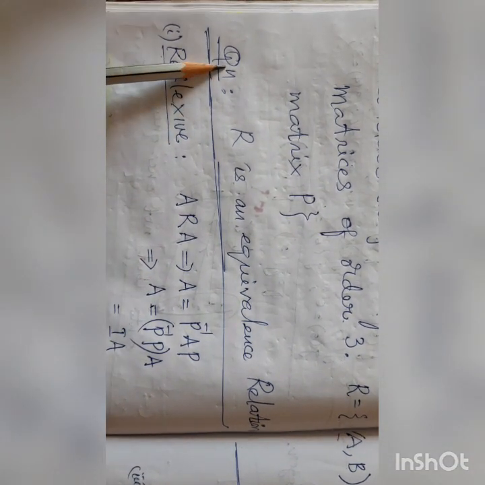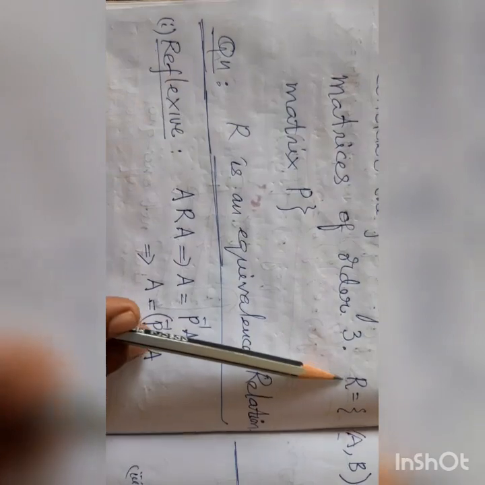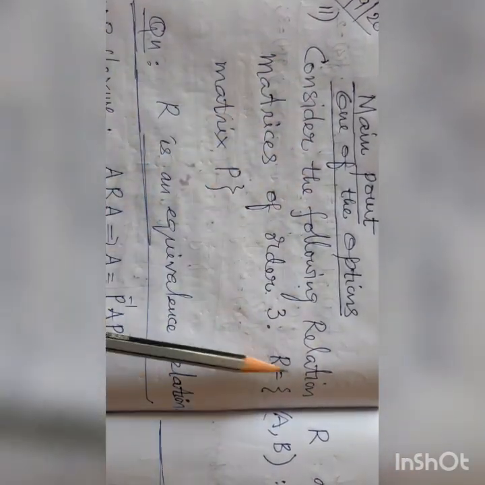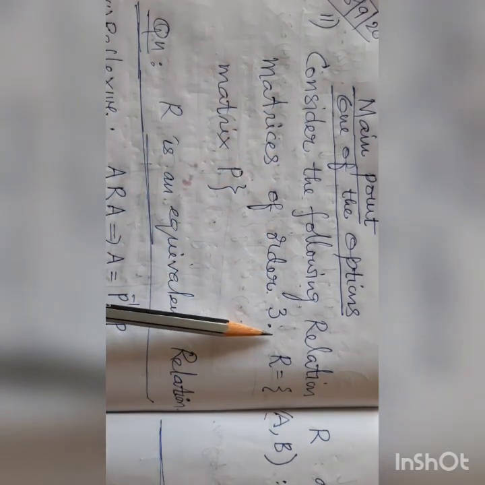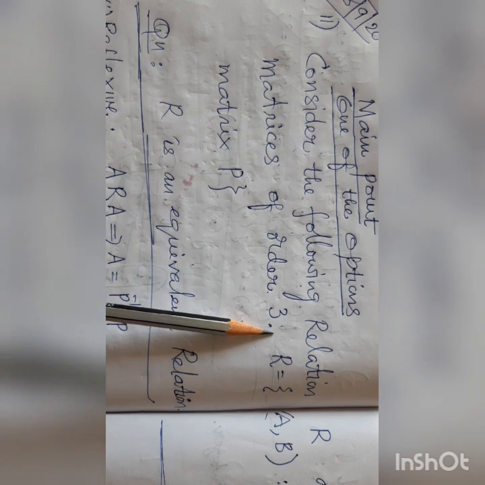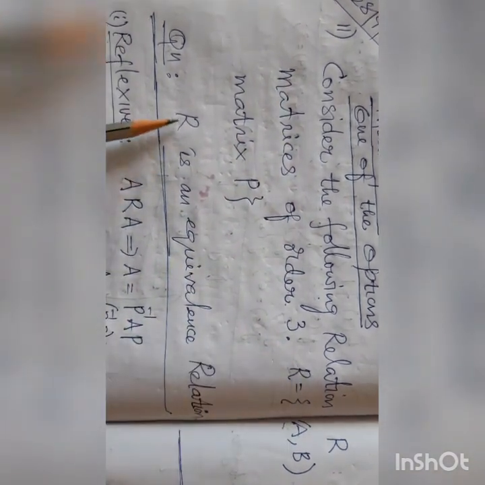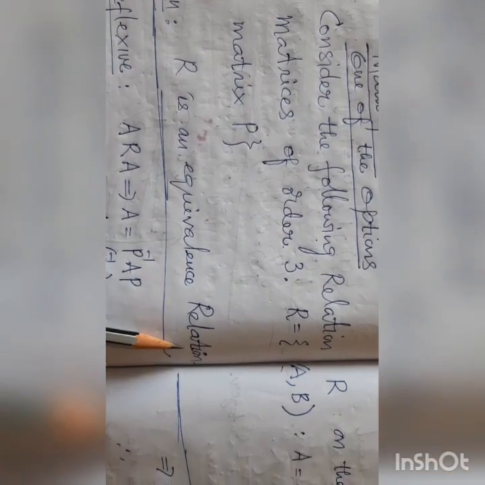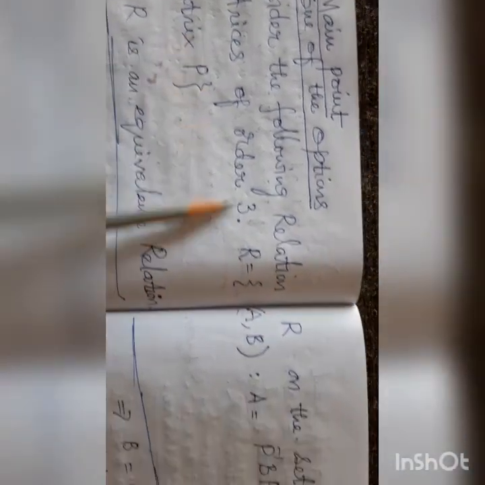Here, why is the question given down? Because this is a very large option. Like this, 4 large options will be given. It's somewhat difficult when you are not careful to observe the large options. R is an equivalence relation in this case when the matrix must be a square matrix.